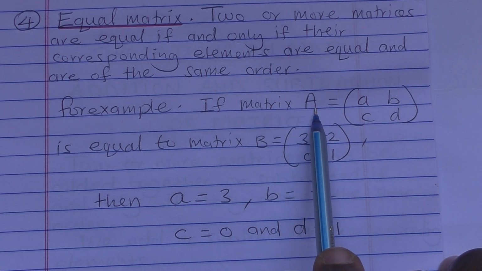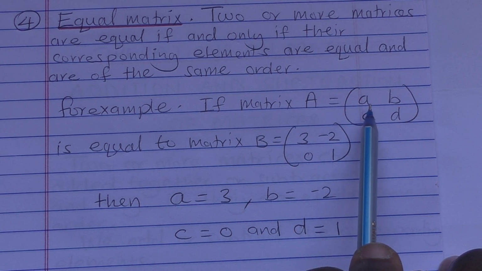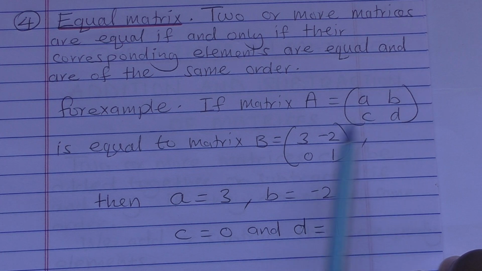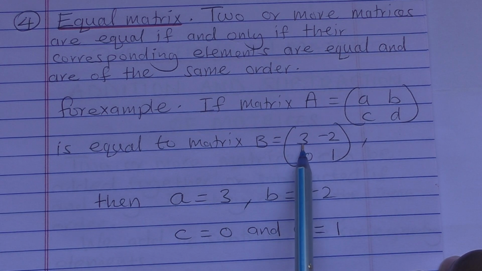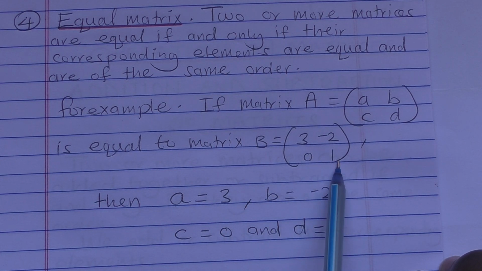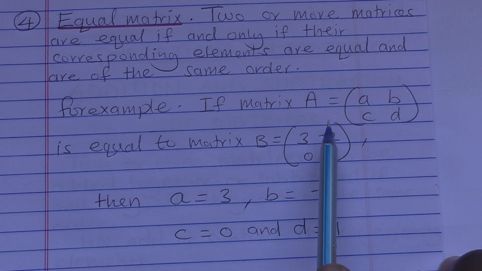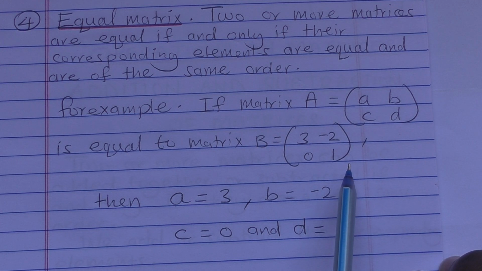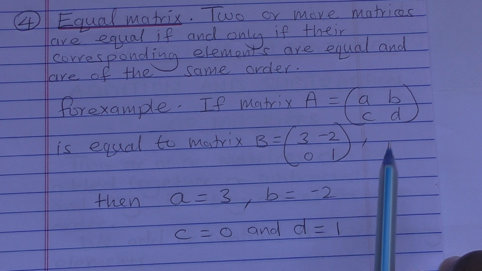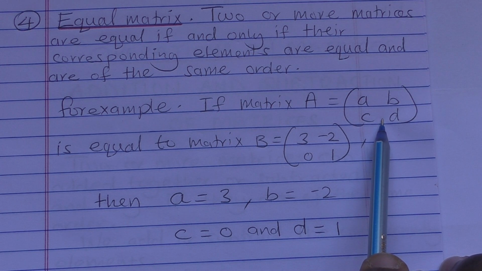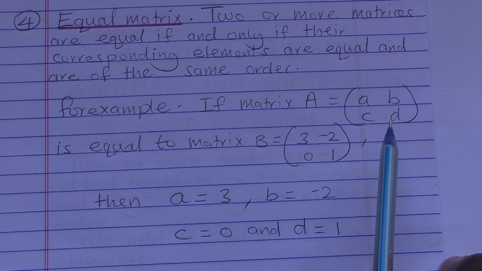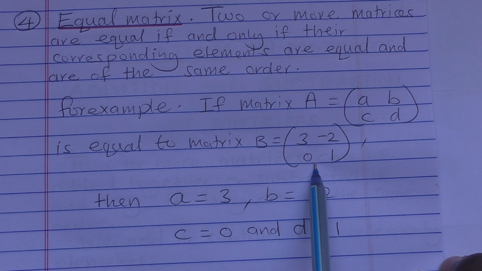I have matrix A, which is given by A, B, C, D, and matrix B, which is 3, negative 2, 0, 1. So if these matrices are equal, then it means that the corresponding elements of A are equal to the corresponding elements of B.